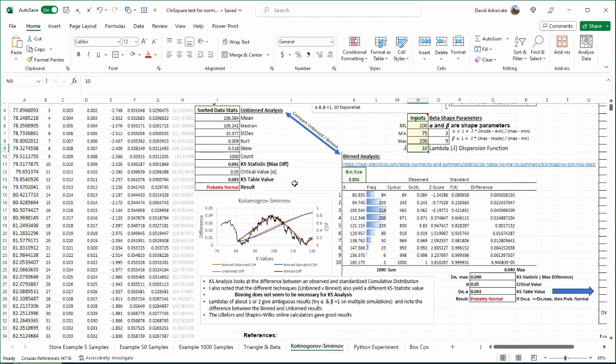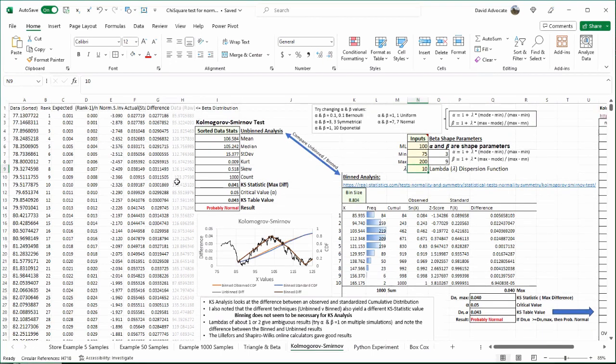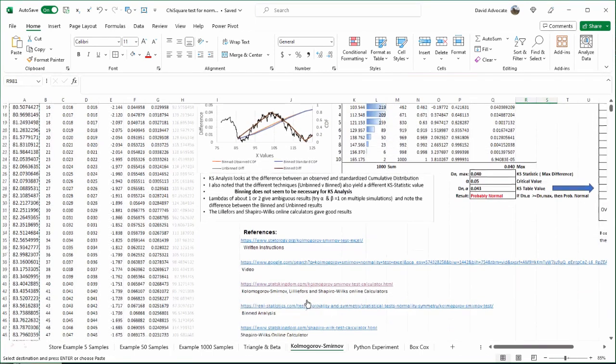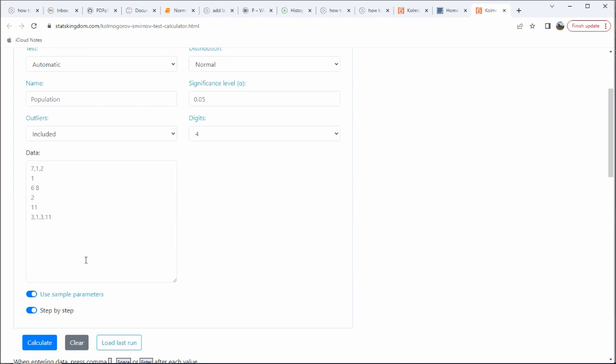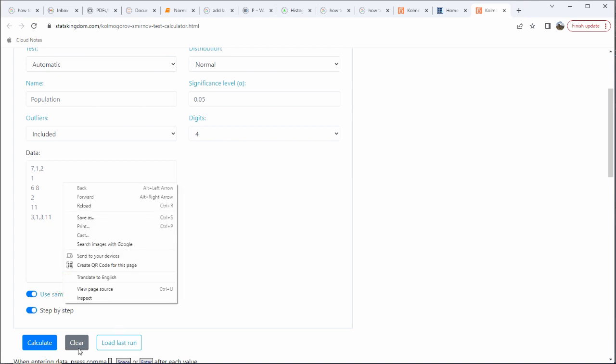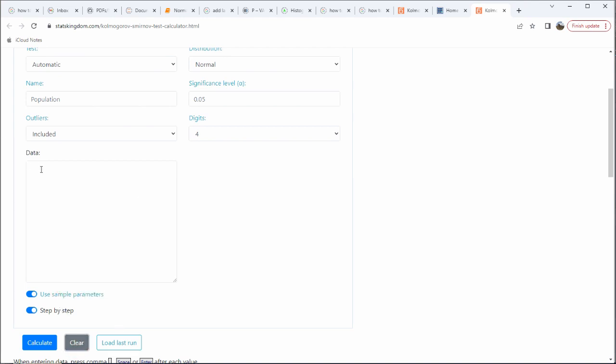Just for the fun of this, we're going to switch over to an online calculation of this data set and see what happens. And to do that, we'll just copy the sorted data, scroll down to the Kolmogorov-Smirnov and Lilliefors-Shapiro-Wilks calculator, and in this spreadsheet we'll just clear what's there, and we'll paste in our data that I copied just a few seconds ago.